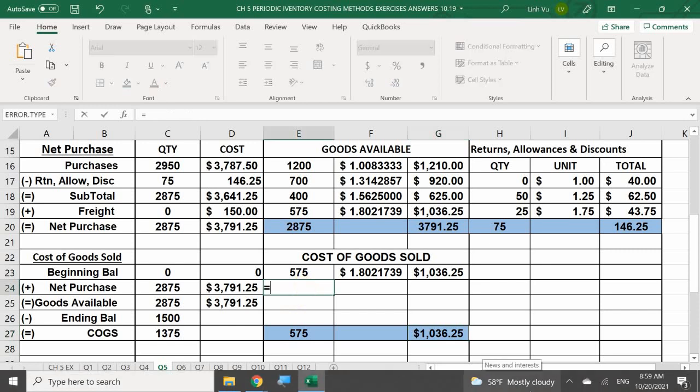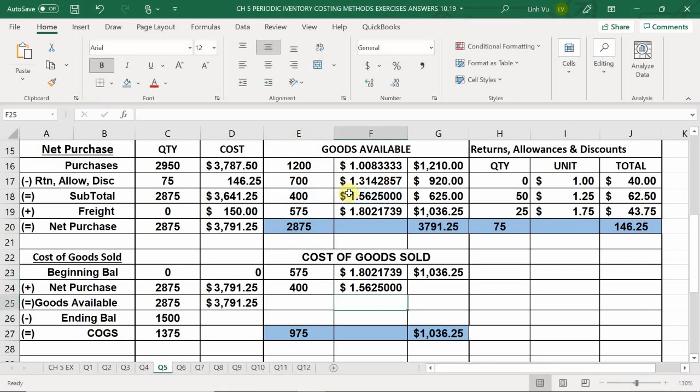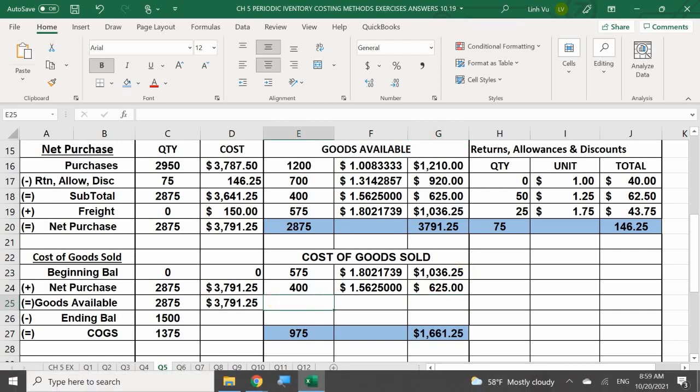The 400, right? In this case, let's see. 400 gives me 975. So I'm going to go ahead and eliminate this whole entire batch right here. Okay. So I have 975. How many more do I need to get to 1,375? 400. 400. So there you go.